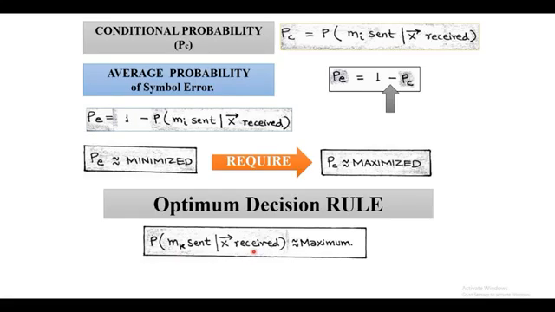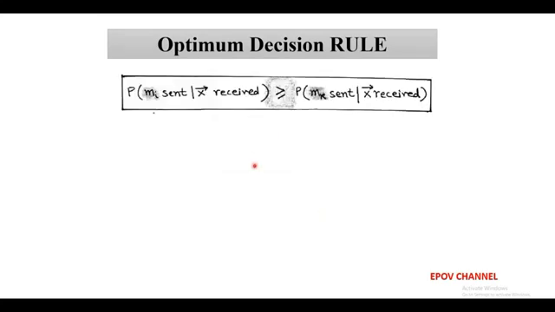Here X vector is the observation vector and its value must be maximum, and is called the optimum decision rule. So in order to estimate the received symbol m cap equals mi, the probability of estimation of transmitted symbol mi must be greater than or equal to the probability of estimation of symbol mk, provided that observation vector X is already received. And this optimum decision rule is for all values of k equals 1 to M, but k is not equal to i.